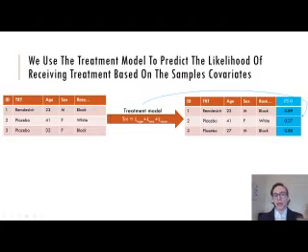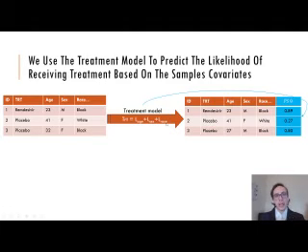And then we have some of their characteristics, age, sex, race, and so forth. What we do is build a logistic regression as shown here by this arrow. So we have the outcome as treatment, and then we have the explanatory variables as the individual's characteristics: age, sex, race, and so forth.